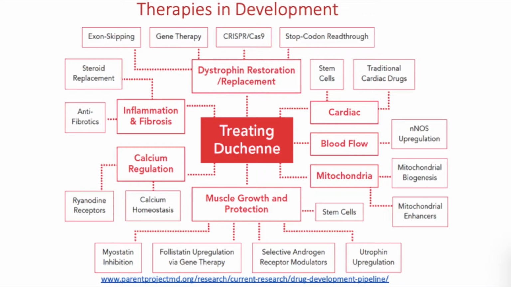There are also ways to help maintain muscle growth and protect against damage from breakage of the muscle membrane. There are ways to increase the wellness of the muscle by increasing blood flow and by helping the cell energy, the mitochondria, work better. These are all going to be part of this joint effort to help boys with Duchenne.